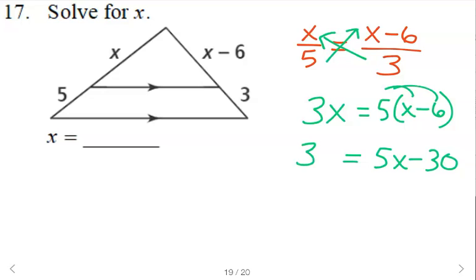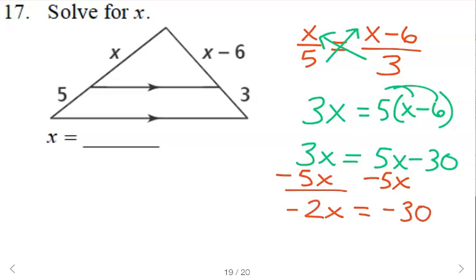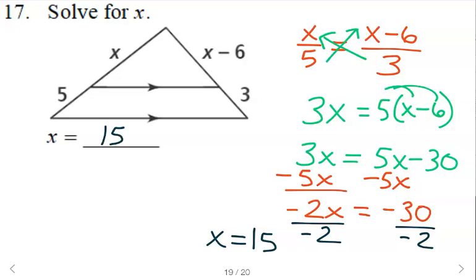And then a couple steps here to get rid of positive 5x, subtract 5x. So negative 2x equals negative 30, and then divide by negative 2. And so x is 15. Goal was to solve for x. We can plug that back in and make sure it makes sense. 15 here and 15 minus 6, 9 here. Each of these are 3 times the other one.